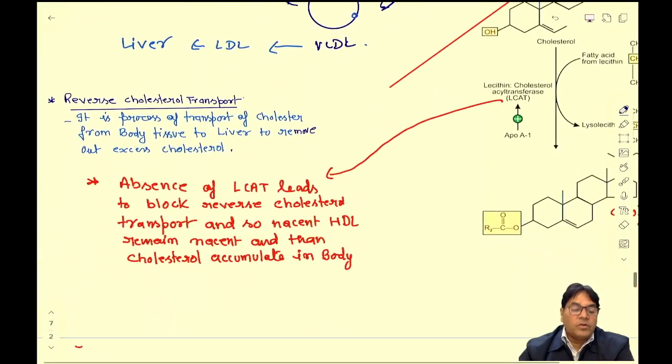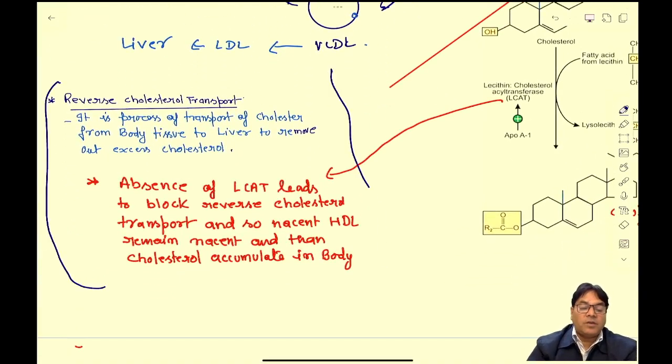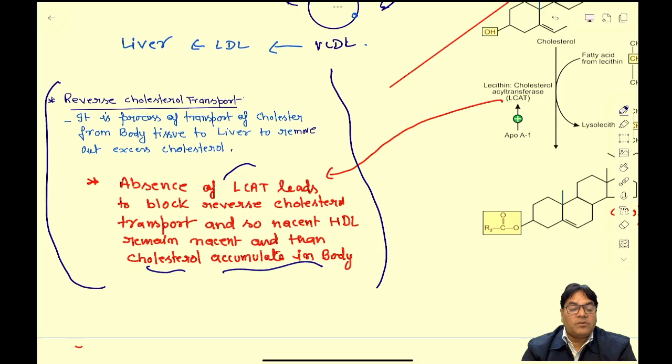All right. So there are two important concepts here. Sometimes the cholesterol accumulates in the body. It is because of the absence of this enzyme LCAT. Now, reverse cholesterol transport is a process of transport of cholesterol from body tissue to liver, so that the excessive cholesterol is removed from the body tissue, and it is done by the high density lipids, because they transfer the cholesterol from the body tissue to the liver, and the liver then further metabolizes it.